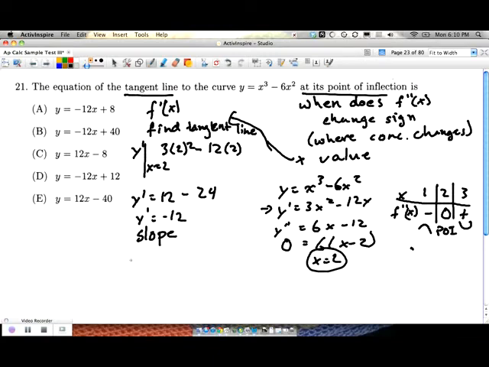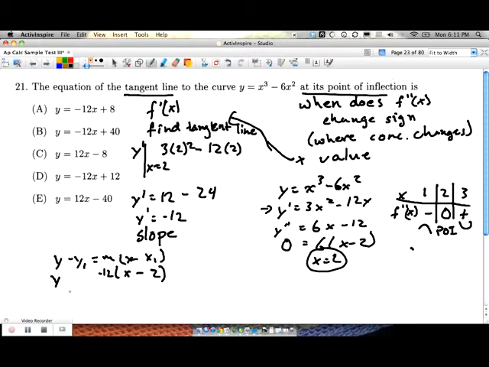And if I'm looking for the tangent line, it's really y minus y1 equals m times x minus x1. We have x1, that's 2. We have the slope, that's negative 12. What we need is y1. How do we figure out y1?